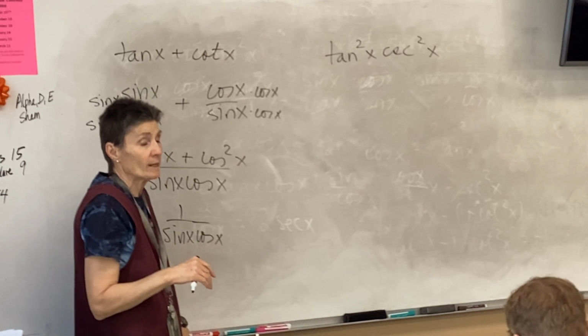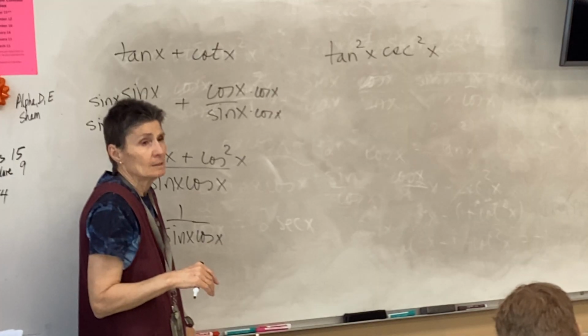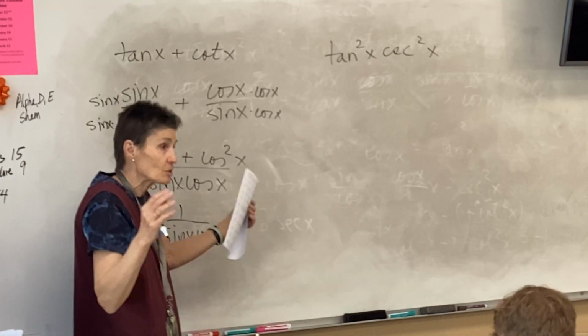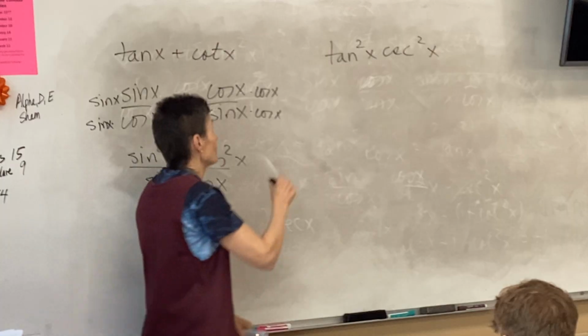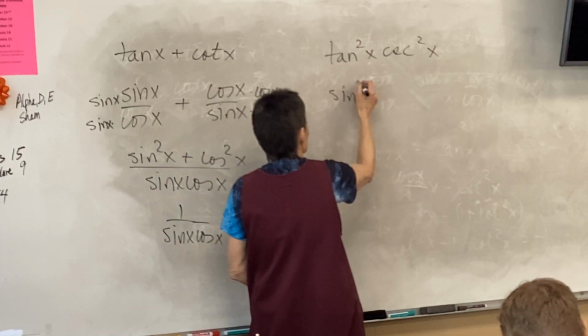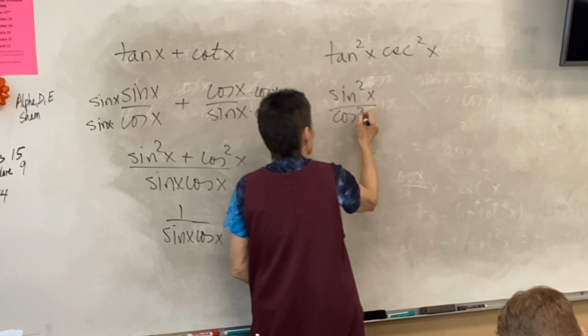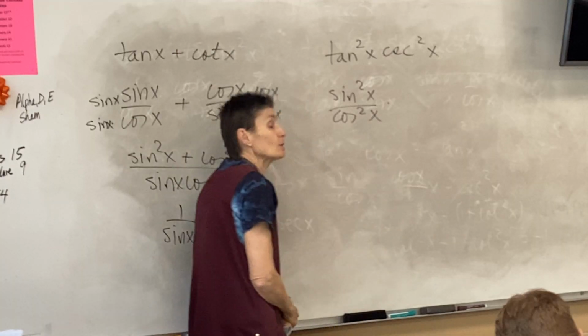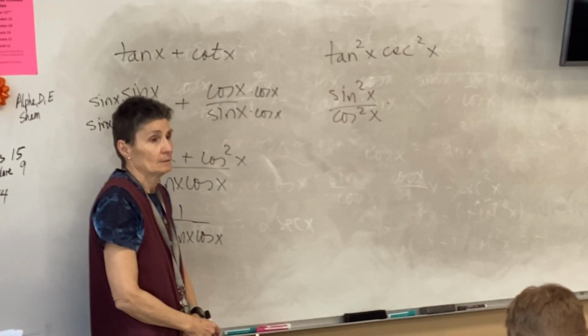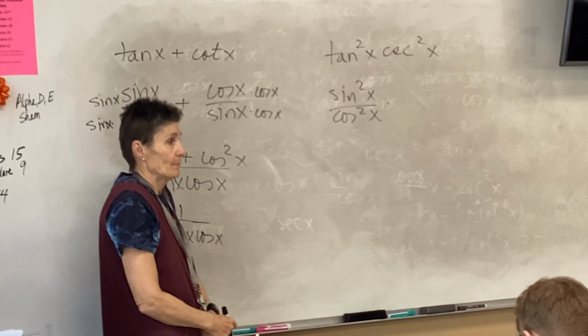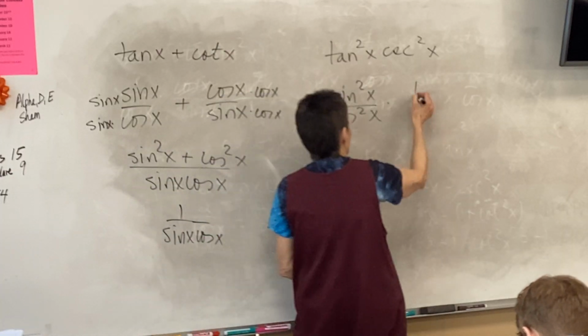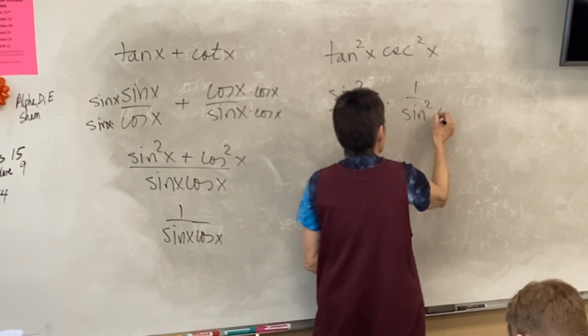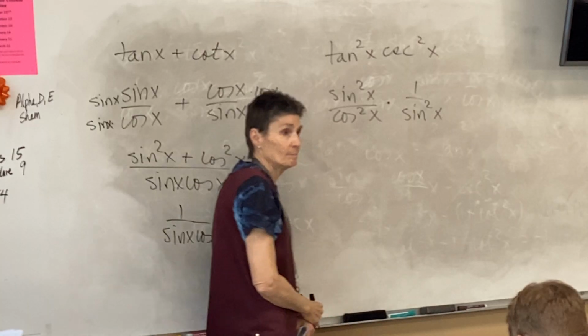What's tangent squared? What's tangent? Sine over cosine. So sine squared over cosine squared. What's cosecant? 1 over sine. Now this is a times problem.